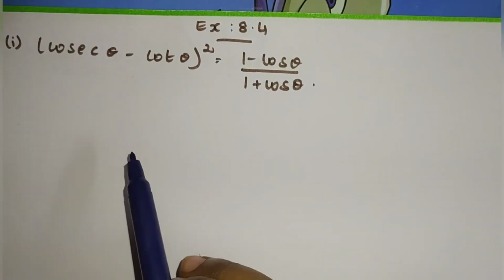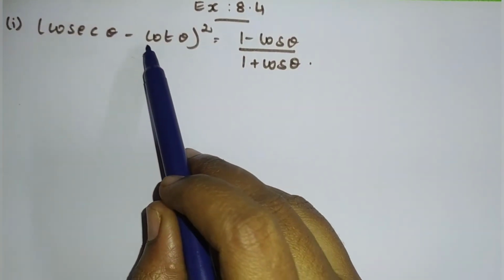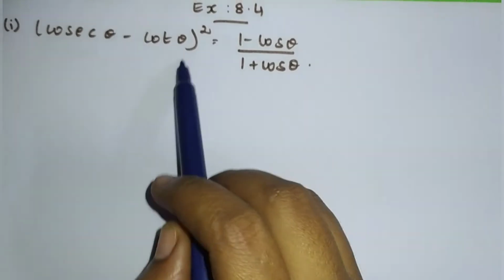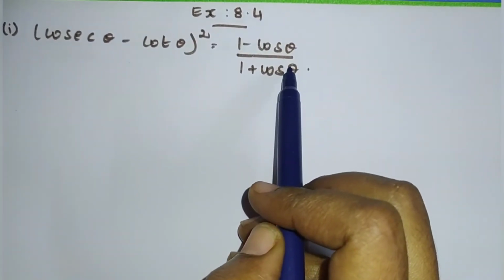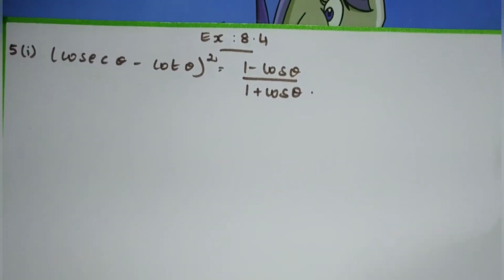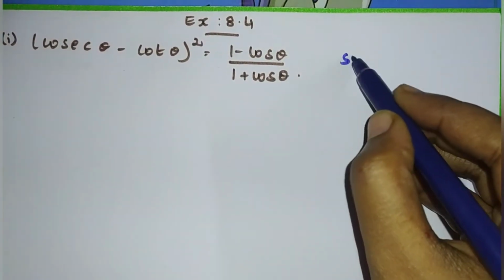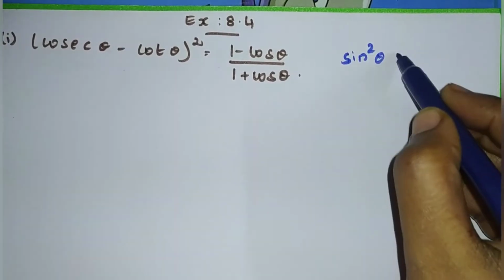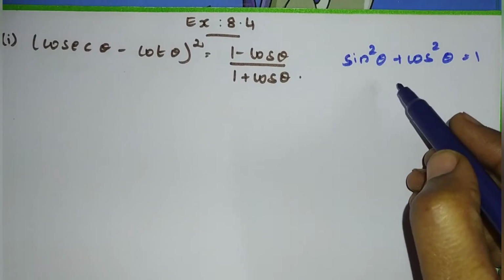So what we are going to do here is take LHS and bring this LHS to RHS. For that, first you have to write the formulas. Sin square theta plus cos square theta is equal to 1.